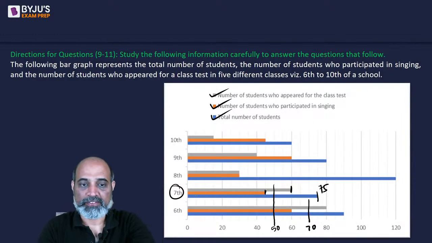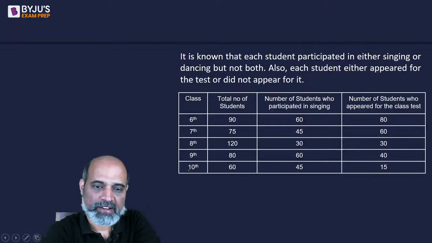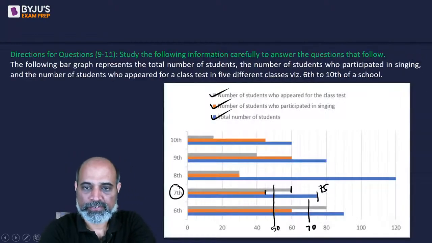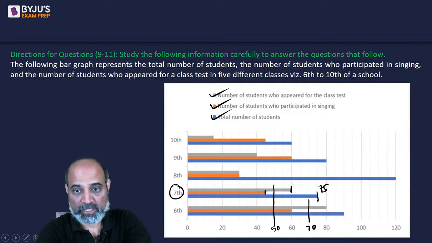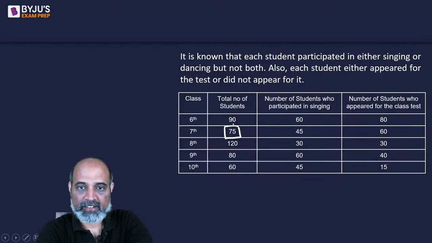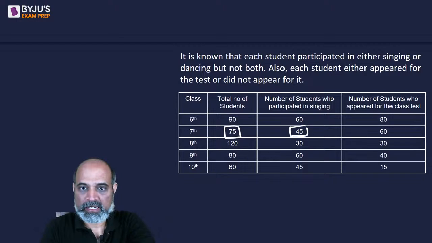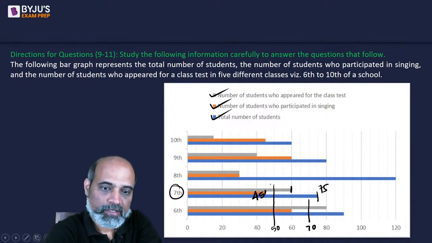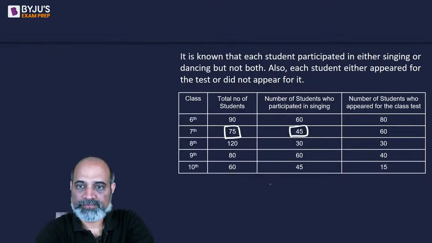We took standard 7th, right? Let's look at standard 7th. In standard 7th the data given is total number of students as 75. Our assumption is correct. And number of students who participated in singing is 45, right? This is what we assumed, that it would be 45. And number of students who appeared for class test is 60.